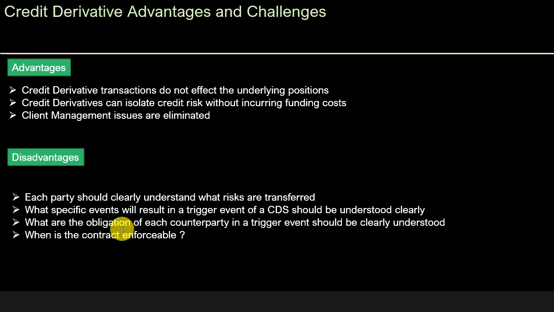Also, the obligations of each counterparty in a trigger event should be clearly understood. And finally, when is the contract enforceable? Of course, that sounds like common sense, but what we are saying is when firms enter into credit derivatives, all these details have to be clearly ironed out and transparent, or else there could be issues when a default event occurs.